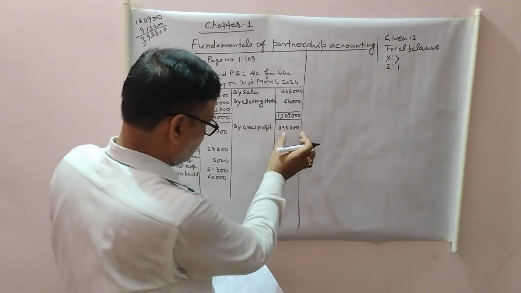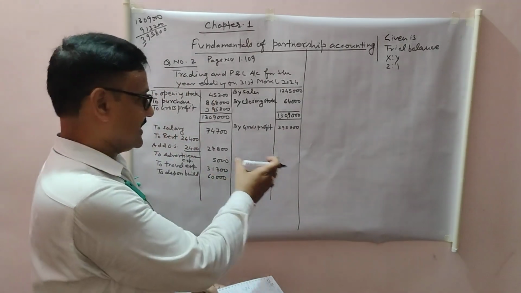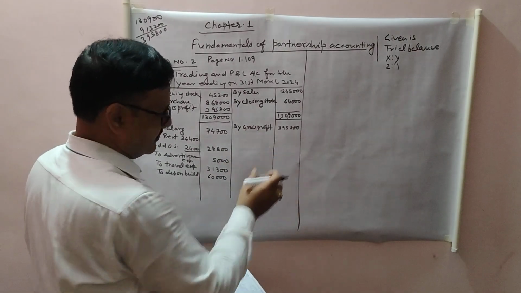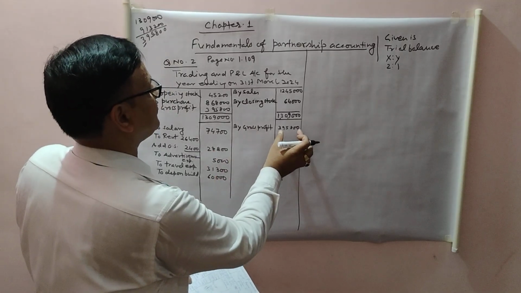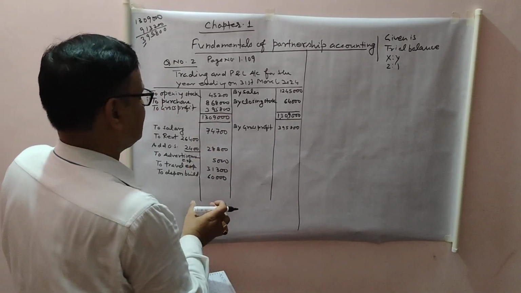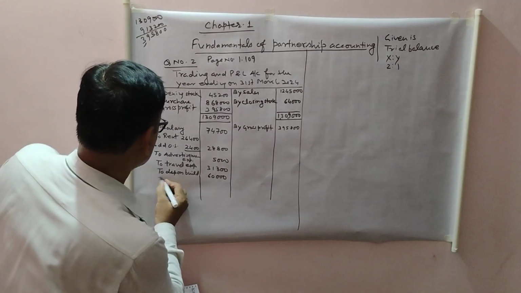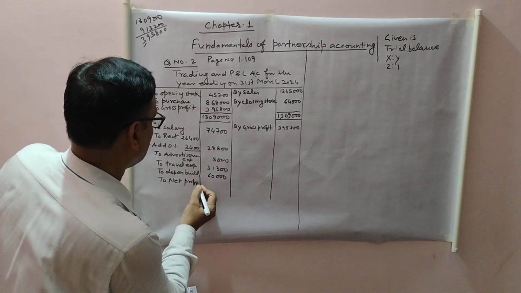Now from this gross profit, if there will be any indirect income like commission received, discount received, that will be mentioned here, but in this question that is not given. Therefore we will deduct from this total all these expenses, and then we will be able to get the amount of net profit. So to net profit.